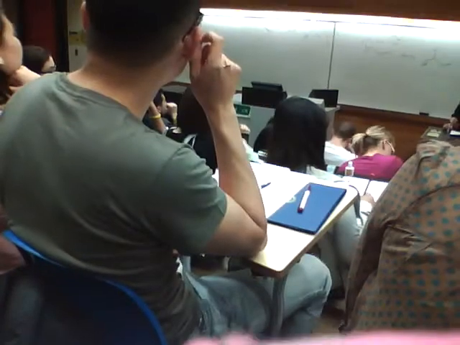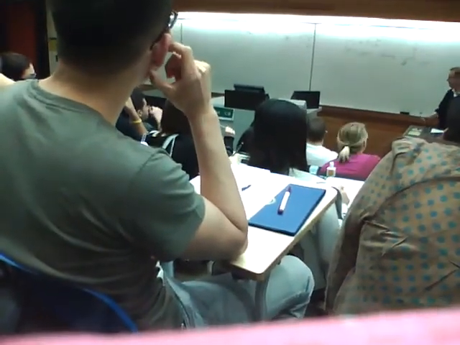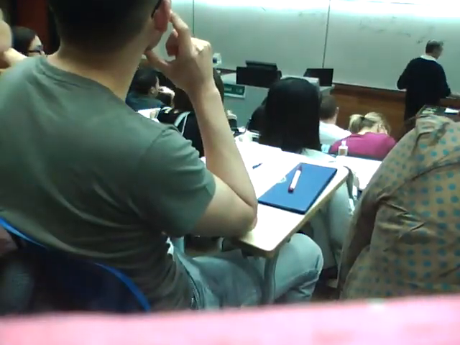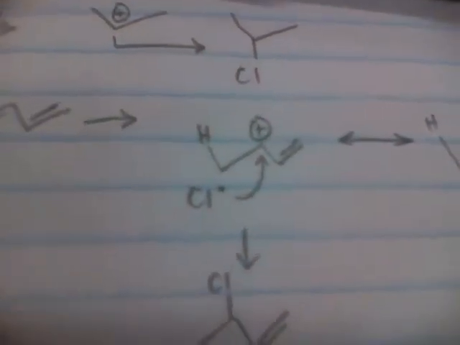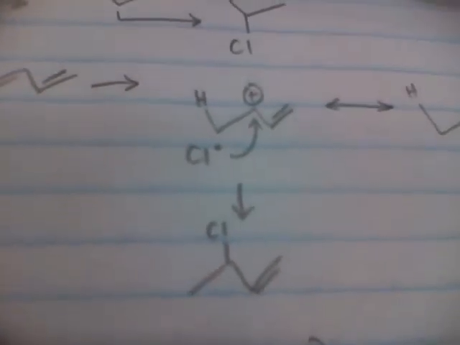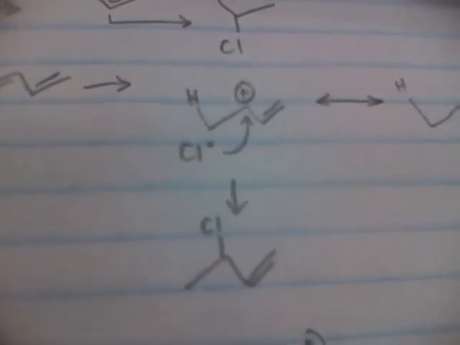Now, what you still don't know, because I haven't told you, is why the 1,2 addition product, in other words, this one, 1,2 because we've added something on one carbon and on the adjacent carbon, whereas this is a 1,4: 1, 2, 3, 4.